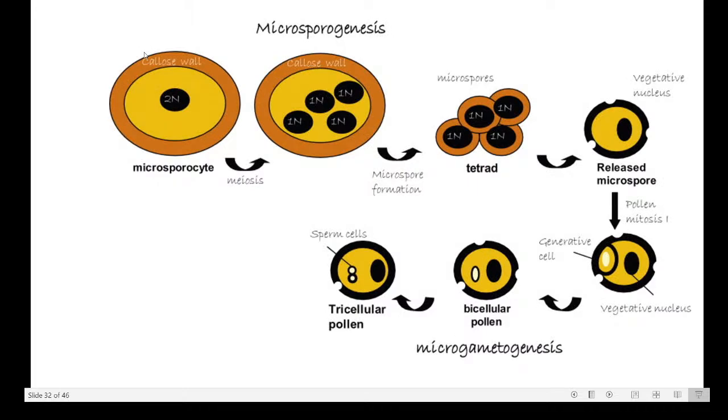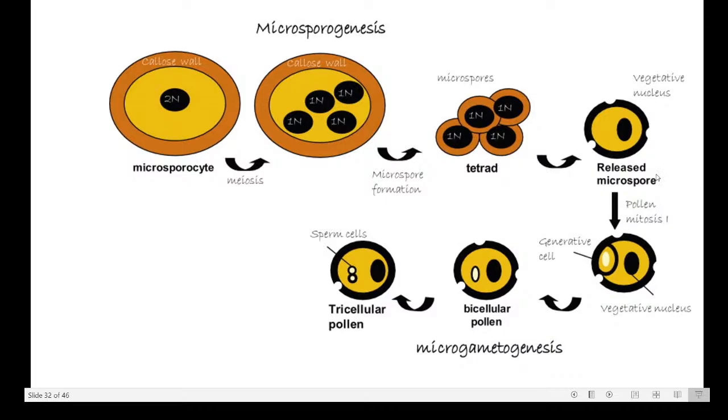Microsporogenesis: the microsporocytes are in a two-end cell stage. It goes through the meiosis process. After that, it is divided into four end cells, that is, one and one cells, divided into four cells. After this the microspores form, that is, tetrads.